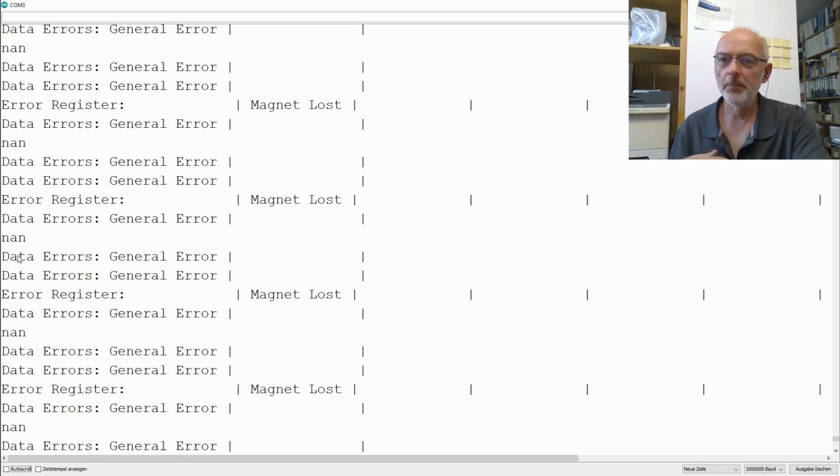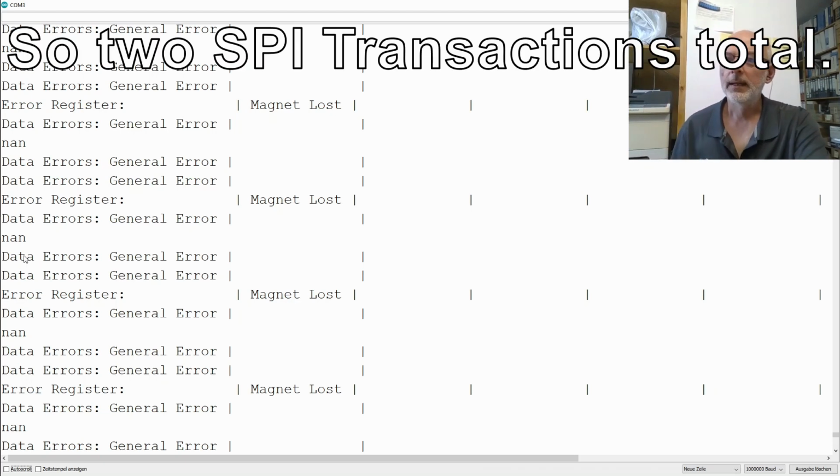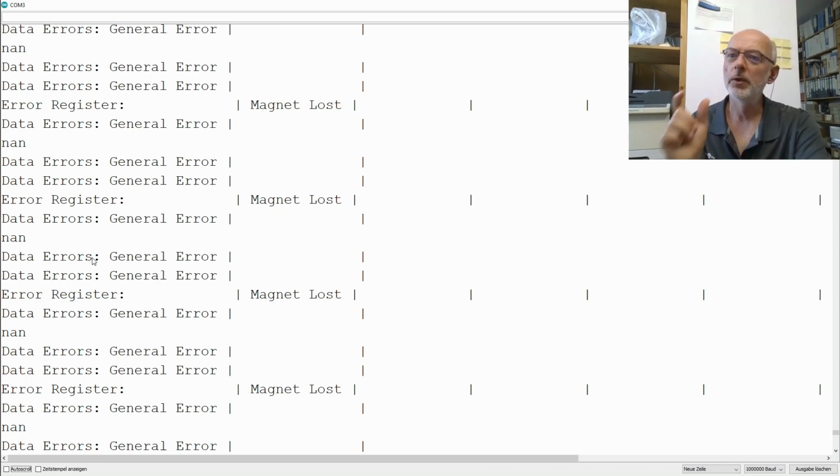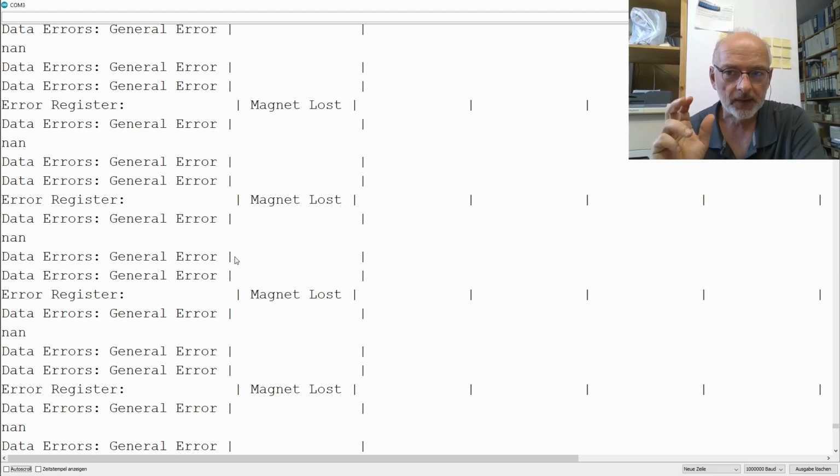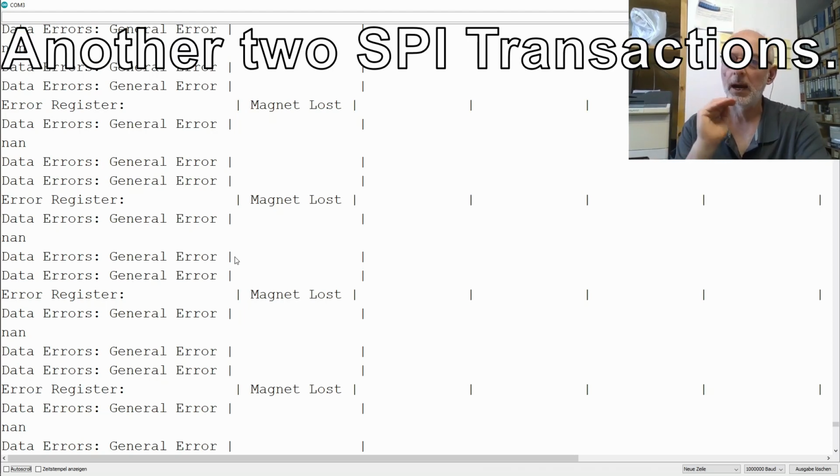It starts with me sending a command, or read register, and I get in the transmission back data errors. These were the 2 bits that are included in each transmission from the chip back. And the only data error I get is a general error. Then, if I get an error, I make a second read register command, but this time I read the error register.